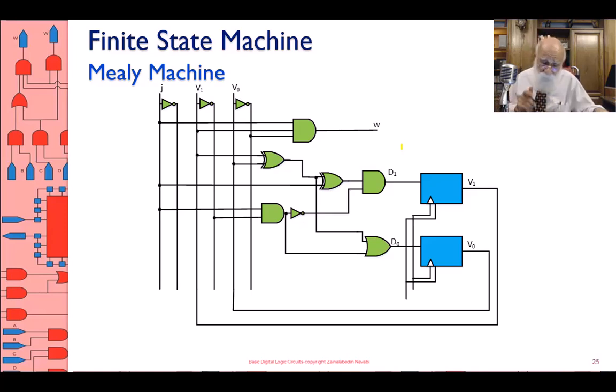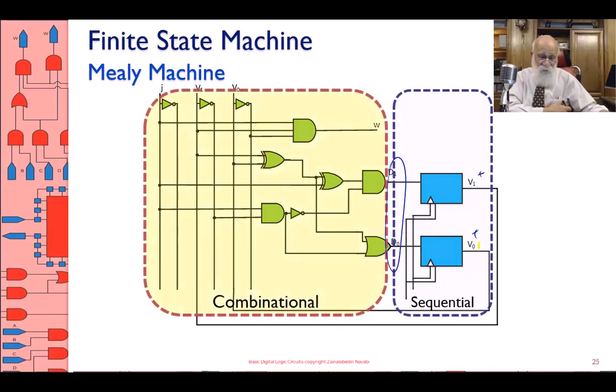So that gives me D0, D1. Remember, D0, D1 is taken from the excitation maps. But then what I really want is the transition maps. Okay? And therefore, I put D1, D0 into the D inputs of 2 flip-flops. And that gives me V1 plus, V0 plus. That means at a time later. Those go feedback and then come back into V1, V0. That gives me my complete circuit.